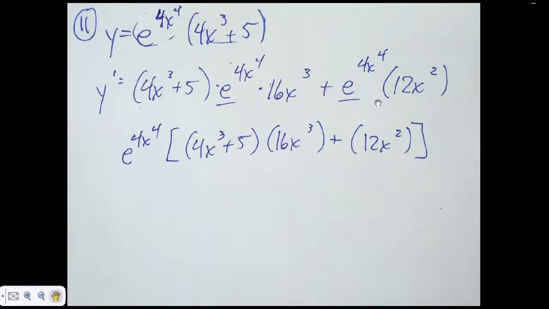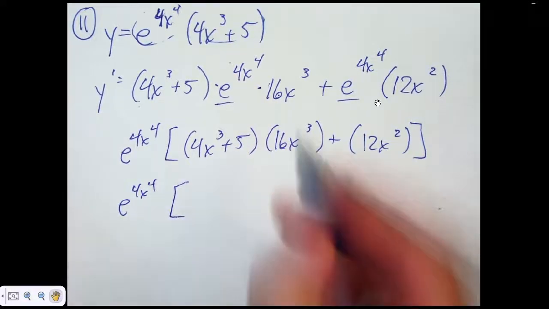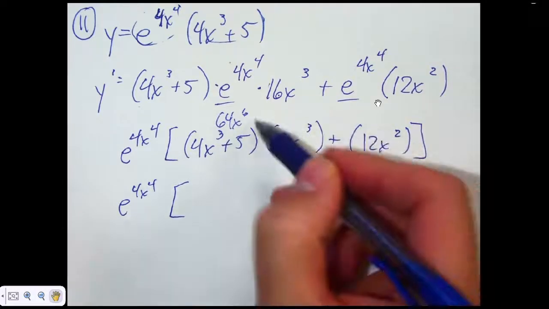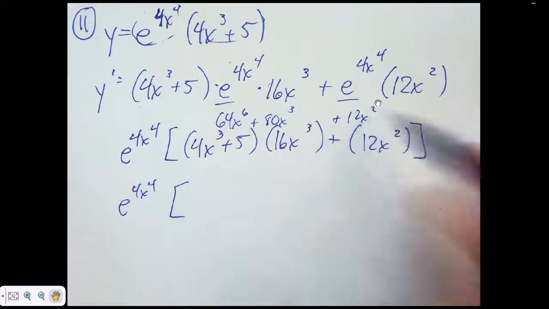That's the newest thing I have to show you. Not that the problems are easy, I'm not saying that, but if you have an e, that's just like a chunk, you can pull the whole thing out, and then I could clean up the inside too. So this would be like 64x to the 6th plus 80x to the 3rd, and then 12x squared.